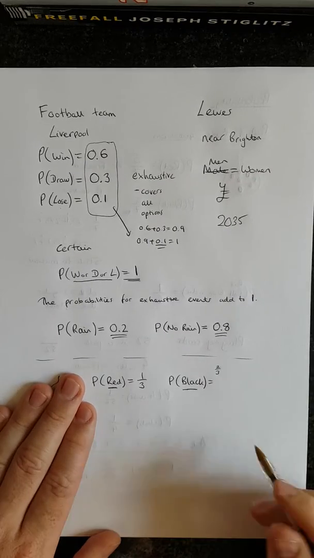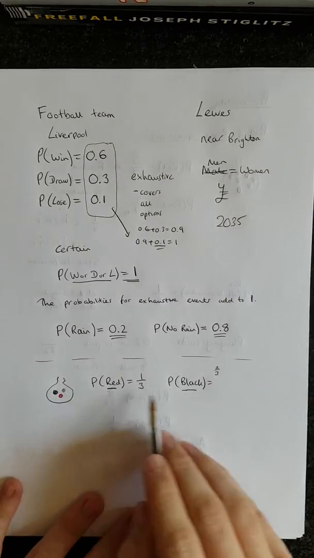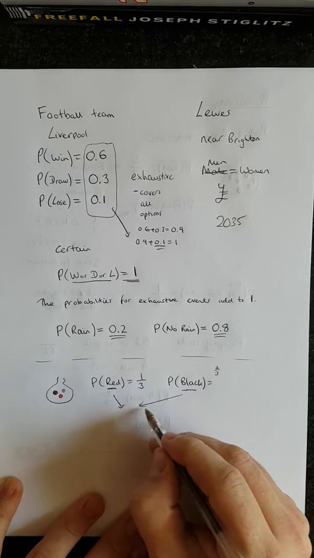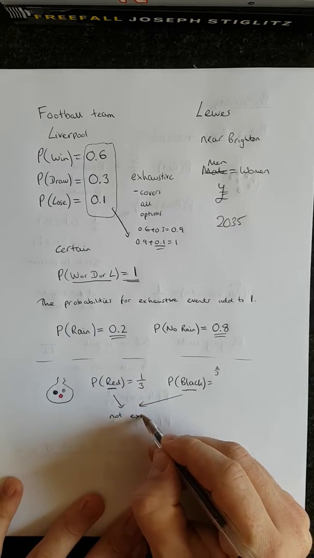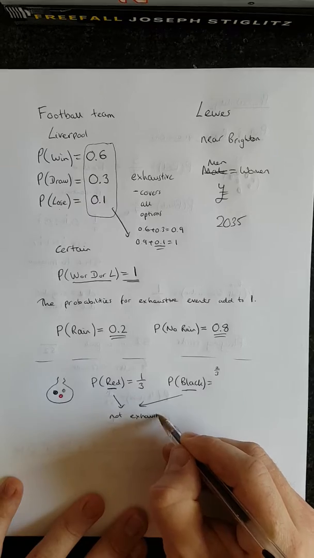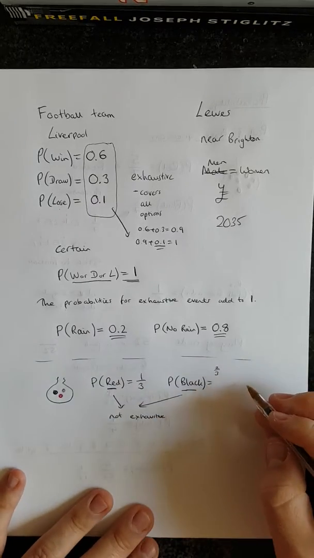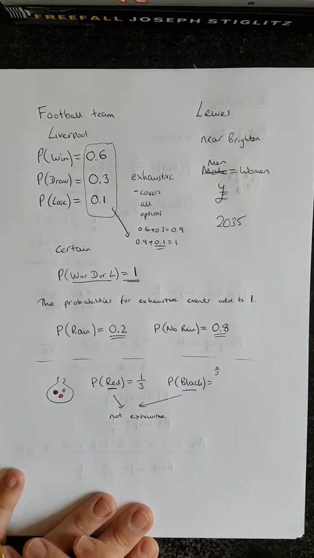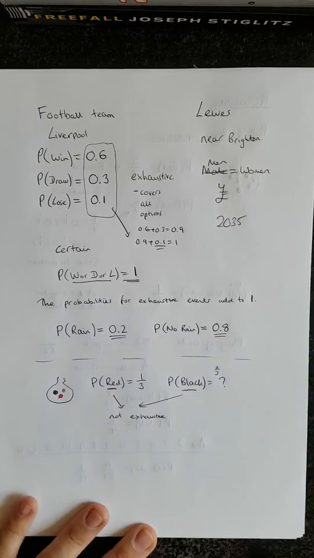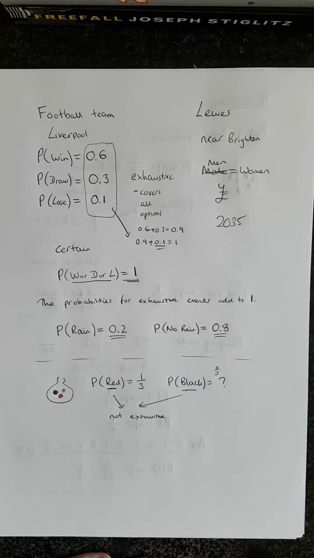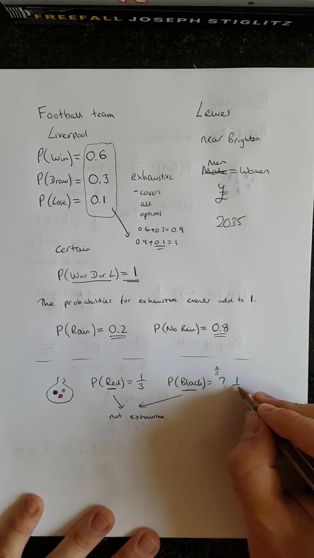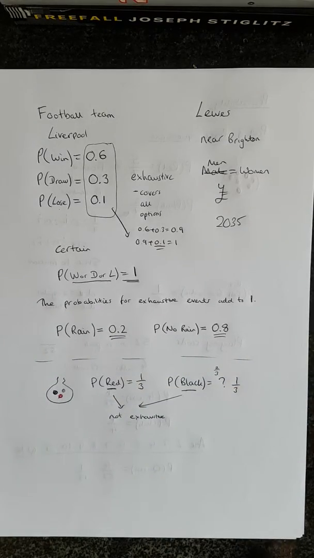Because it has another colour in it, because these two as a pair are not exhaustive, if we didn't know what was actually in here, we wouldn't be able to work this out. We do know it's 1/3 because we can see inside the bag.